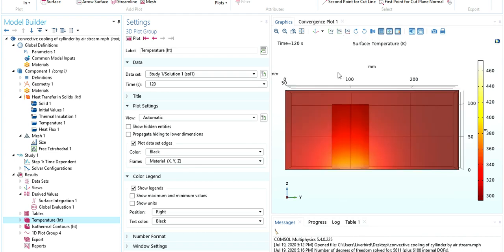Now we can see the temperature distributions of this model. The red area is the lower temperature area, whereas the yellow area is the highest temperature area.